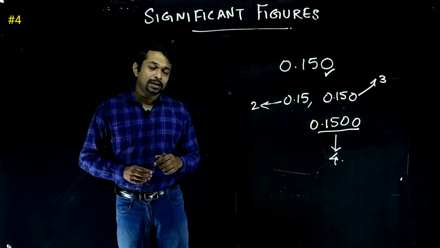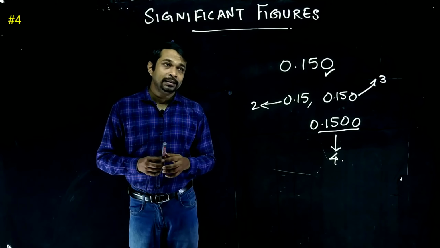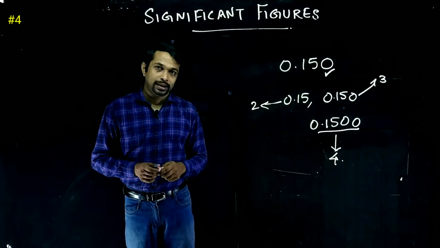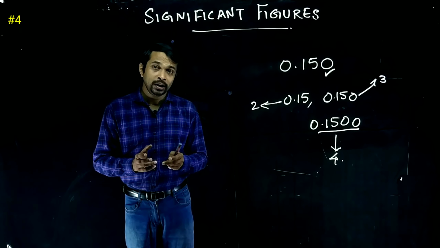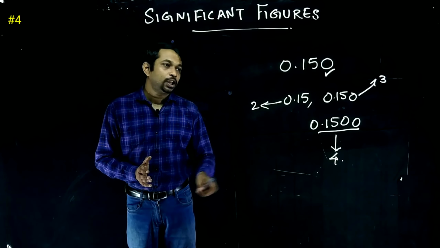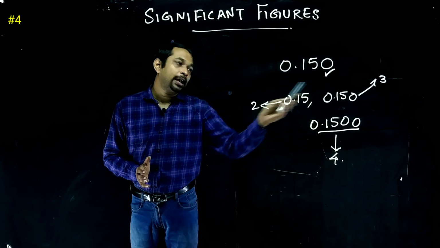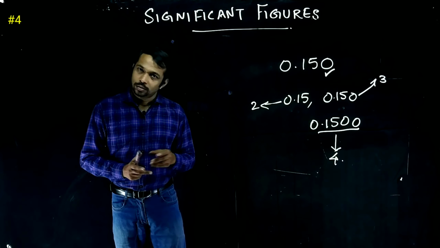Now you might have understood why this 0 is significant and why we say there is a change if you write 0.15 and 0.150. Okay?